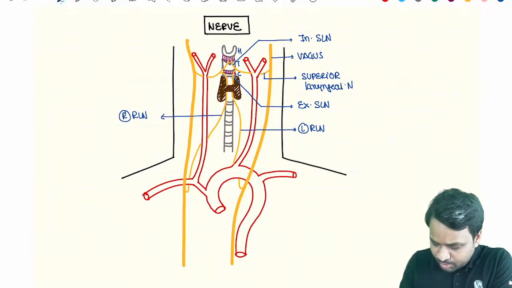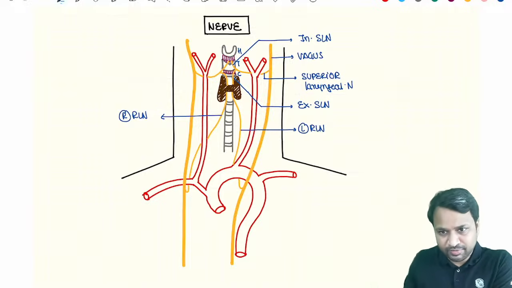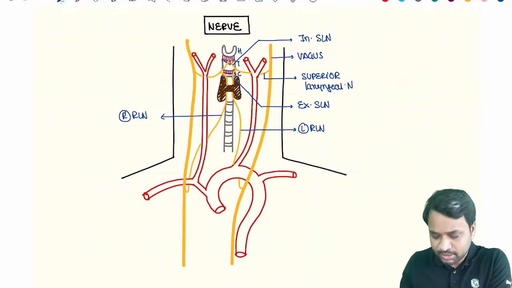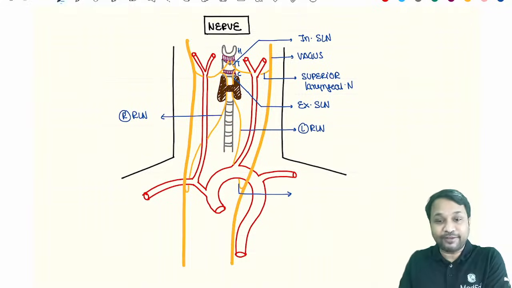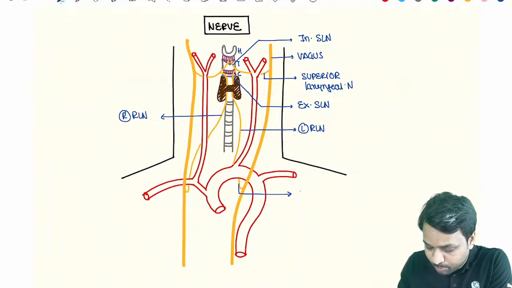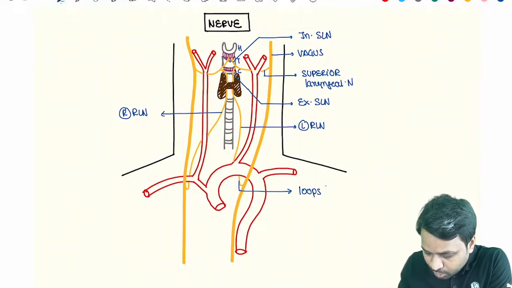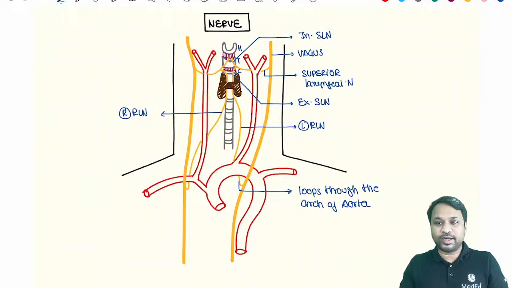Now, I hope everybody is able to get this, that the left recurrent laryngeal nerve is recurrent because the course is in a reverse manner. But at the same time, you can identify that the left recurrent laryngeal nerve is going to loop through the arch of aorta.